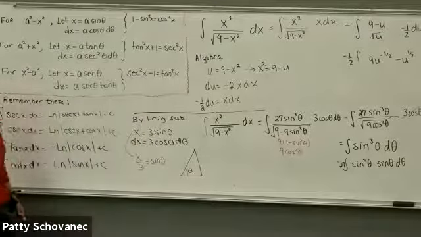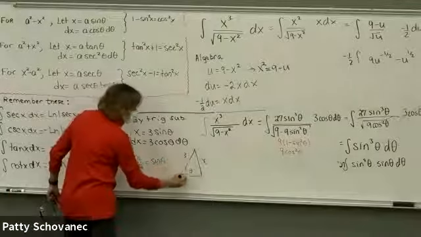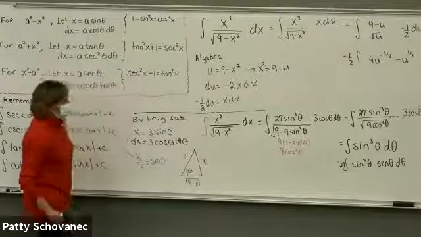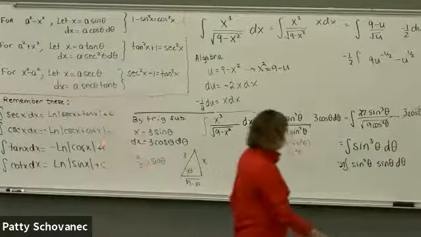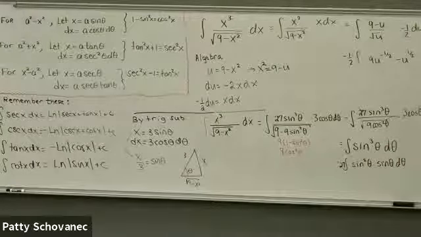Sine is opposite over hypotenuse. There's the x. There's the 3. So I bet you $1 this is the square root of 9 minus x squared. And then the cosine is the square root of 9 minus x squared over the hypotenuse, which is 3. I've got to cube it and then divide it by 3. And over here, I just had it by itself.